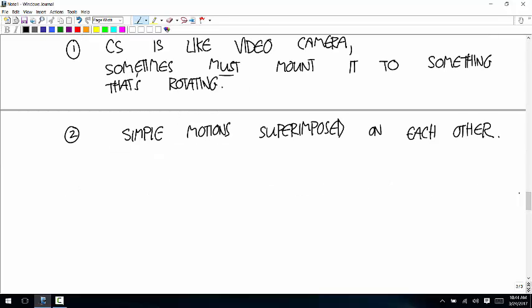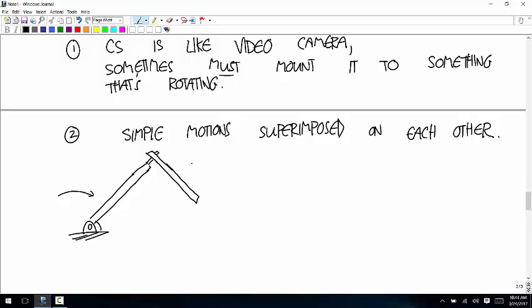Like for example, I think this looks very similar to a problem we're going to do. If you have one beam rotating like this, and a second beam is connected to the first one and it's rotating out of the page, can you picture what's going on here?